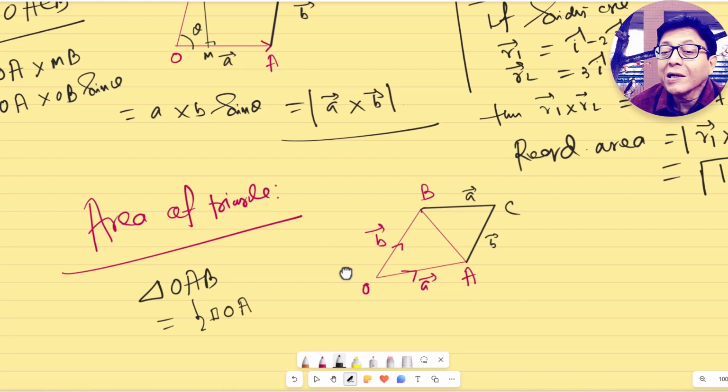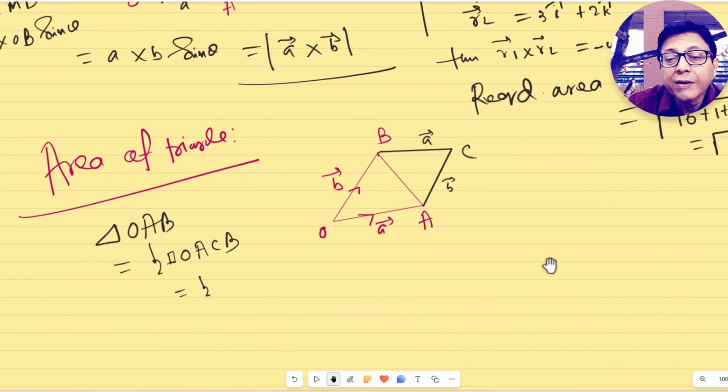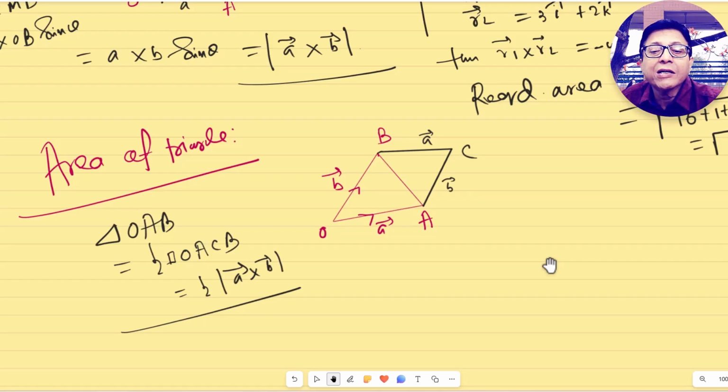To find the area, we need the concept we have just learned. What is that? We complete the parallelogram. The parallelogram is completed now.